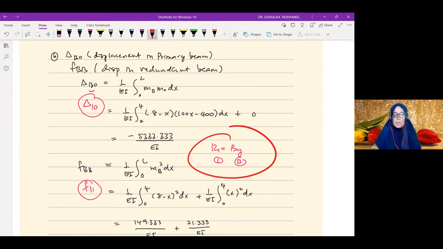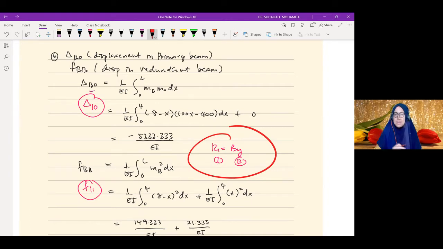Using the formula, we integrate to calculate delta B naught. We use the notation that we have, so it is MB times M naught. We integrate from 0 to 4, and the other cutting section, number 2, will be equal to 0. So we get delta B naught as negative 5333.333 divided by EI.